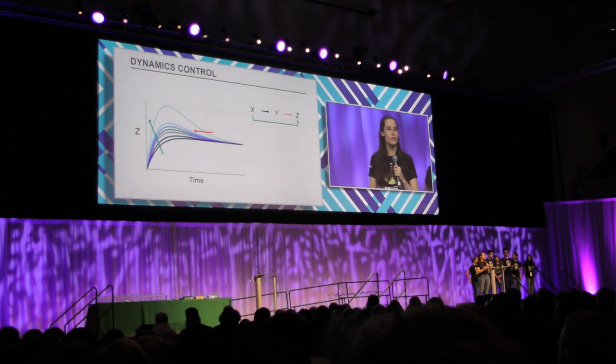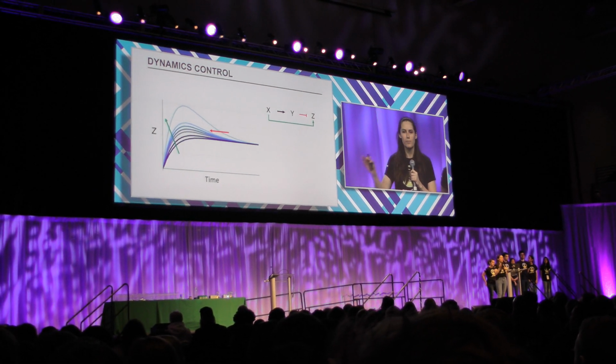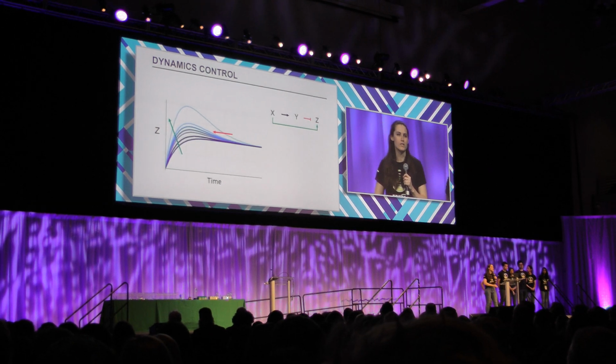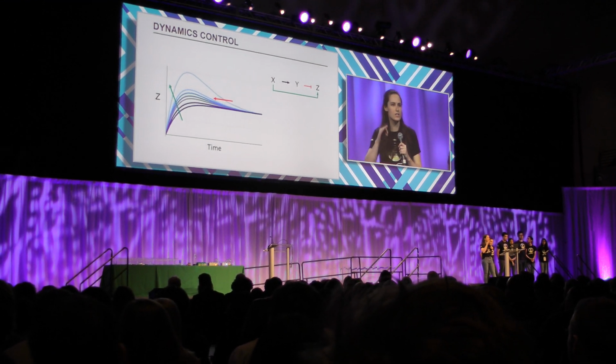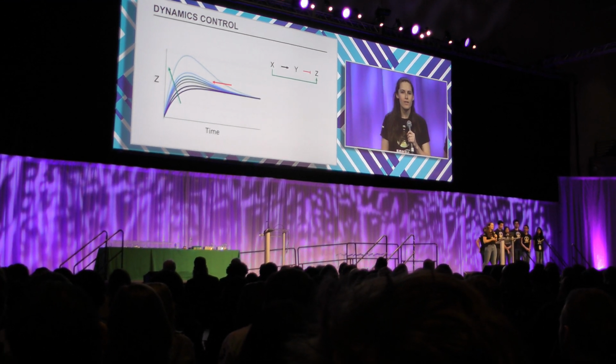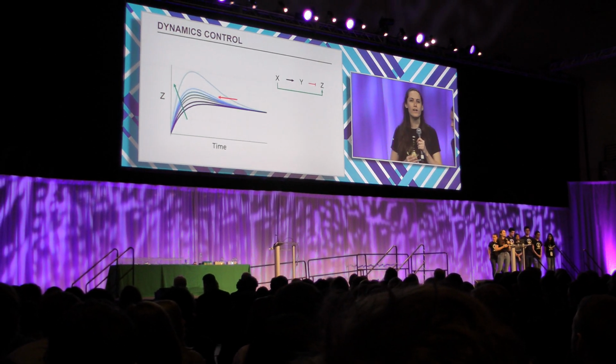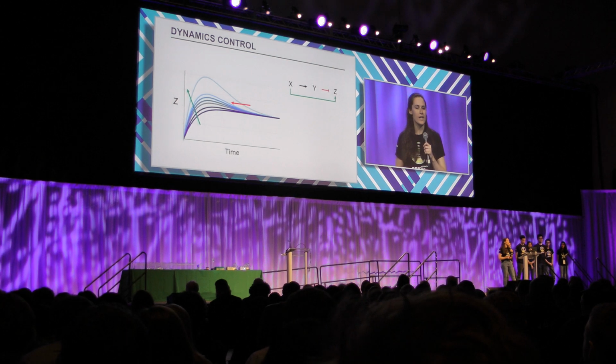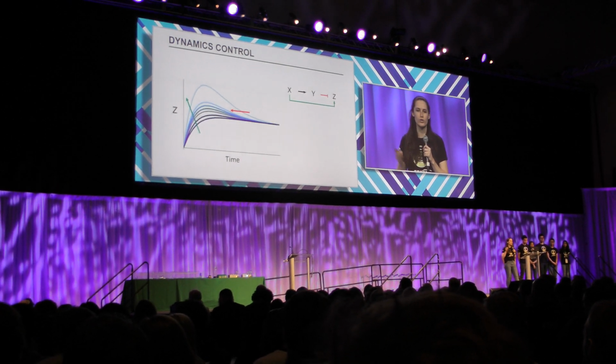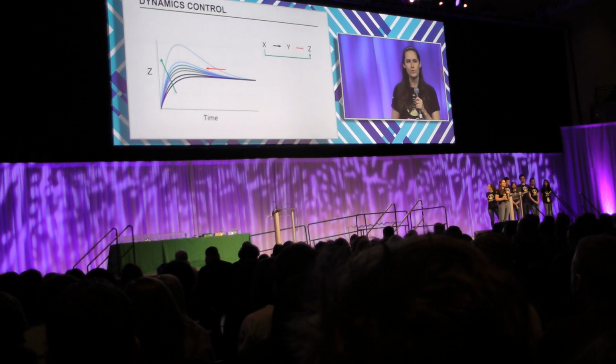For instance, if we increase the activation of Z by X, we're able to increase the slope of our initial rise to the peak of our pulse. Likewise, if we increase the repression of Z by Y, we're able to affect the width of our pulse by increasing the sharpness with which we drop back down to our steady state value.